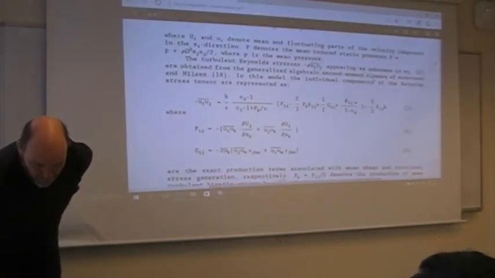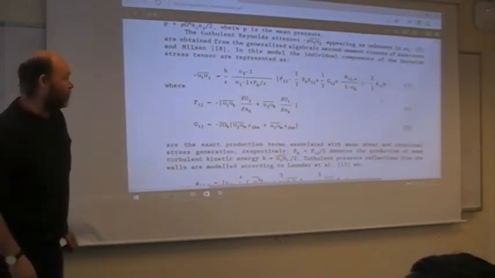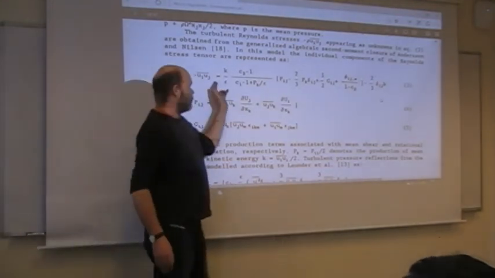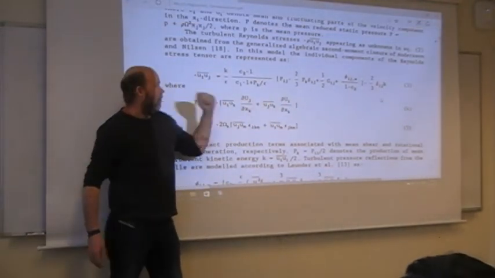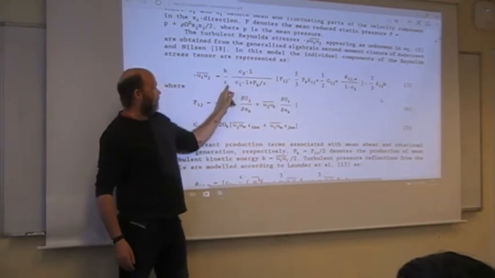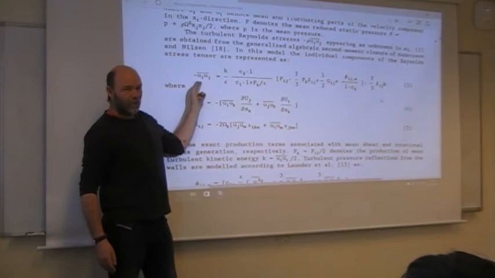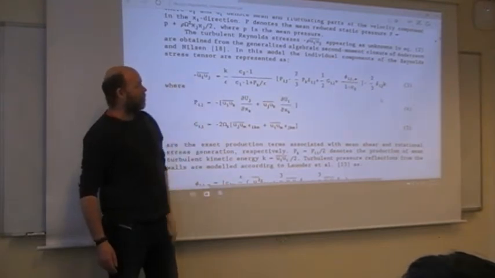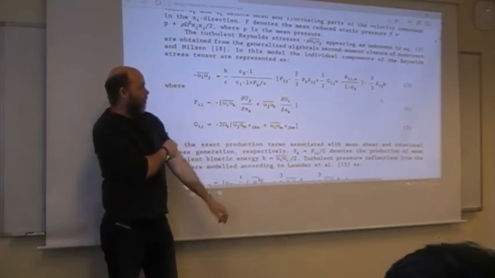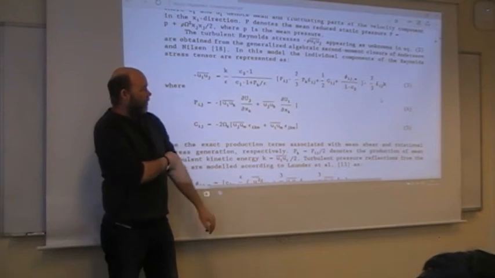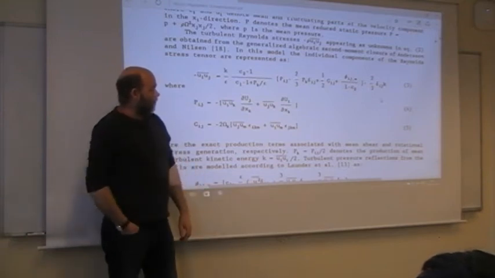So you solve K epsilon first, and then you just use algebraic expressions based on K and epsilon to evaluate the different Reynolds stress functions. So it's a very cheap extension of the K epsilon, but it involves a lot more physics.